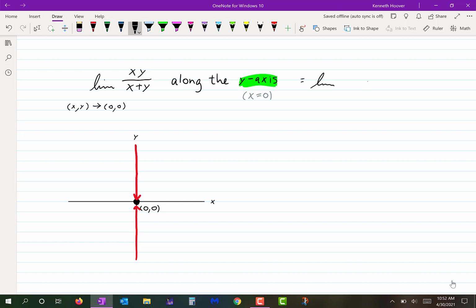So what that means is you're really calculating this limit here. You're calculating the limit of 0 times y over 0 plus y as y approaches 0.